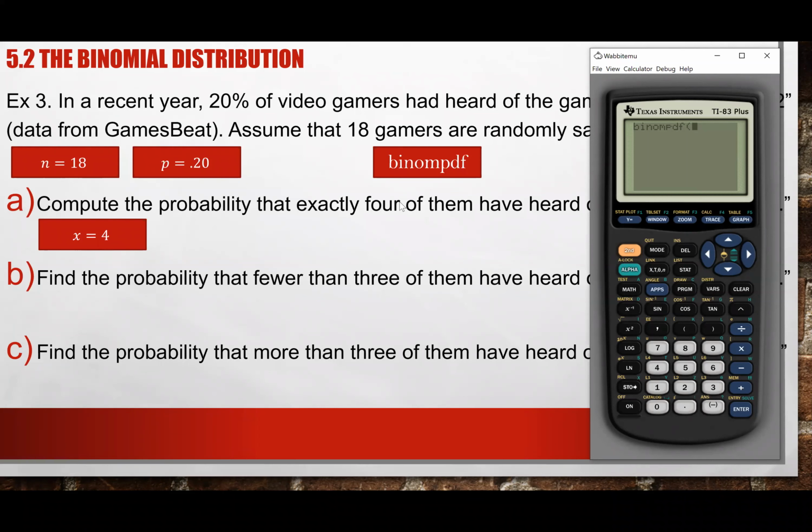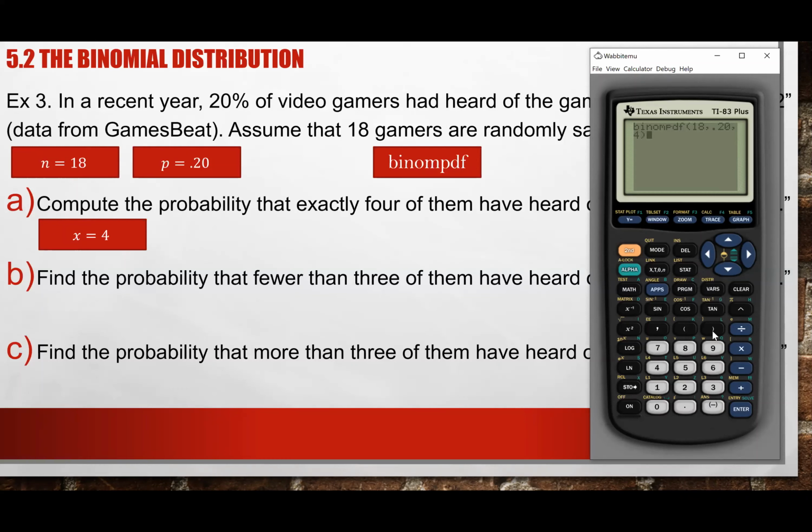If you have an 83, not that bad. You need to type in the total, which is your N, 18. You type in 18, comma, then your P, which is 0.20, comma, then your X, and then you close it up.